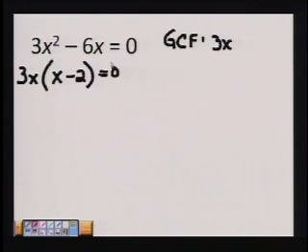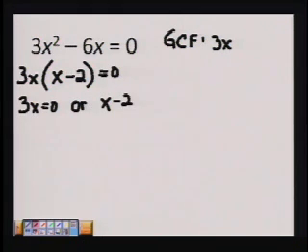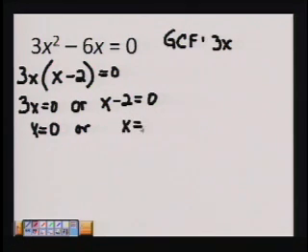We can go ahead and solve without any more factoring since we have two things with a product of 0. So we say 3x equals 0 or x minus 2 equals 0. Again, solving each one, if we divide both sides here by 3, we get that x is 0. Or over here, we add 2 to both sides, and we get x equals 2. Again, be sure that you check your solutions.